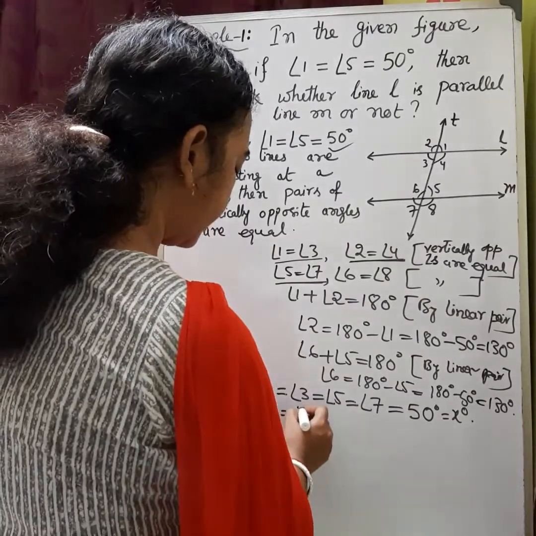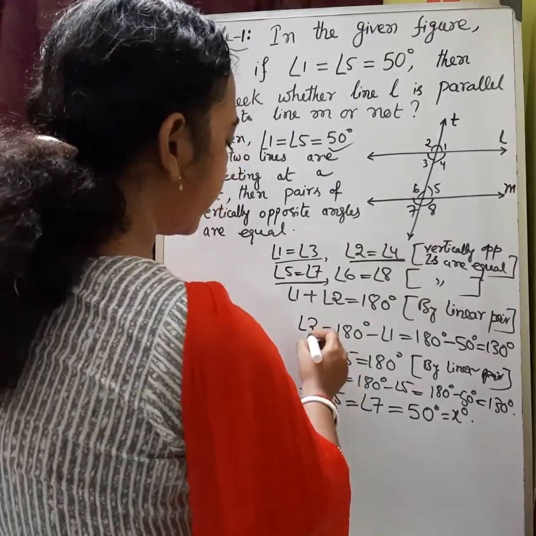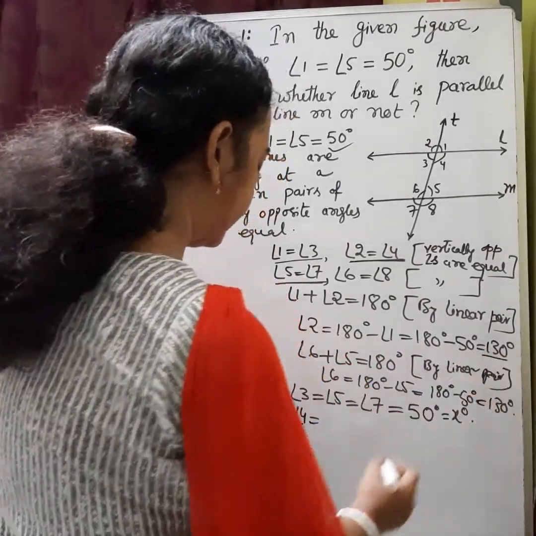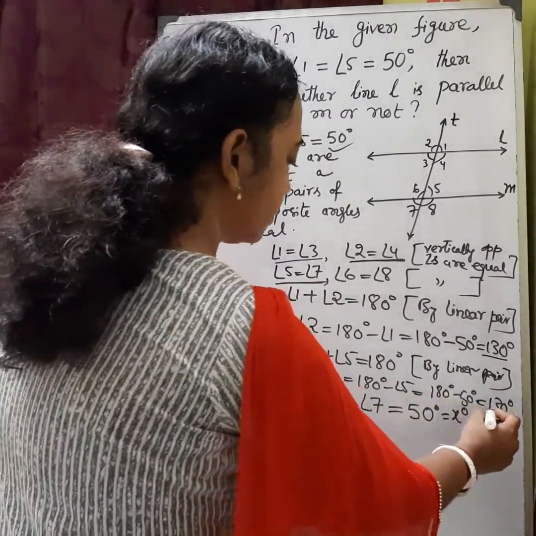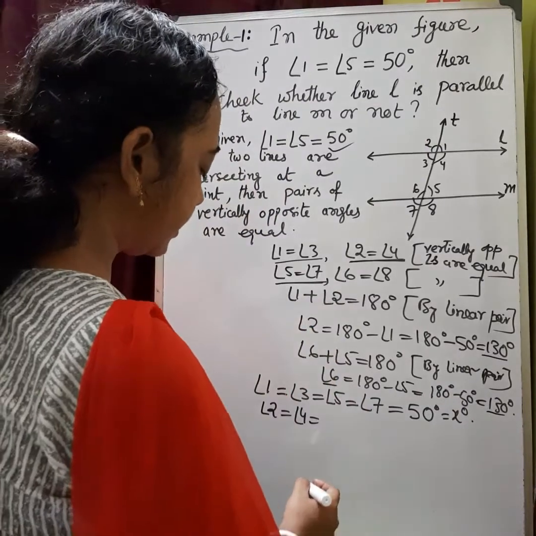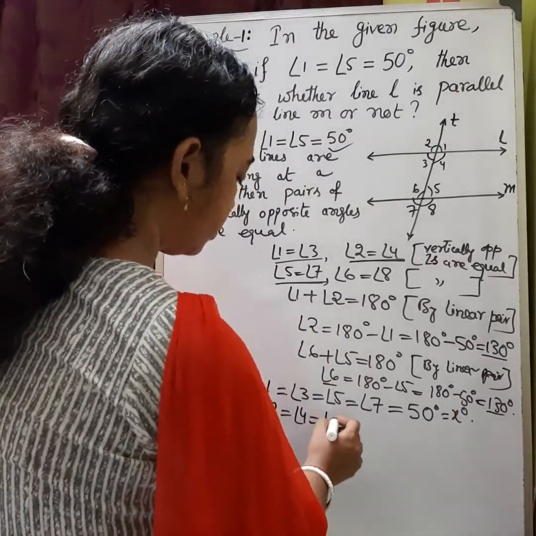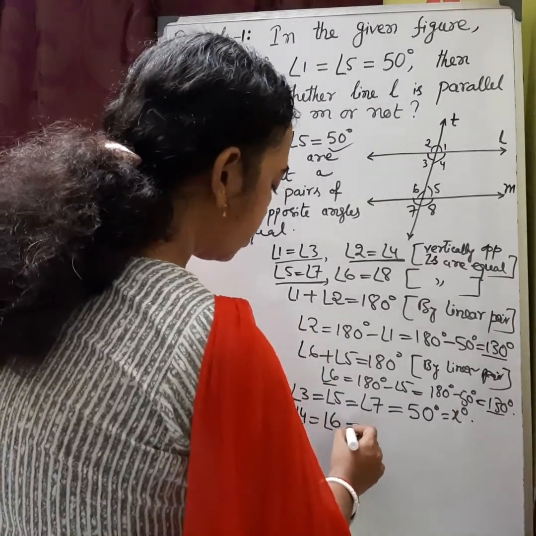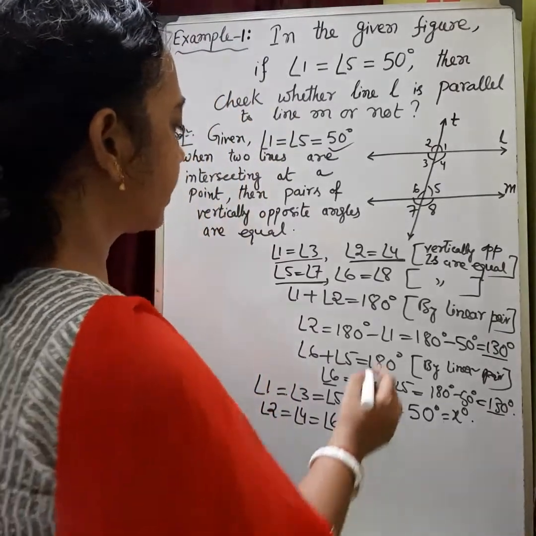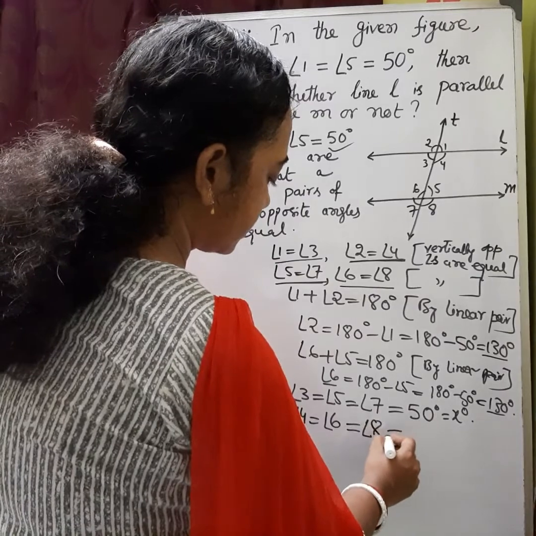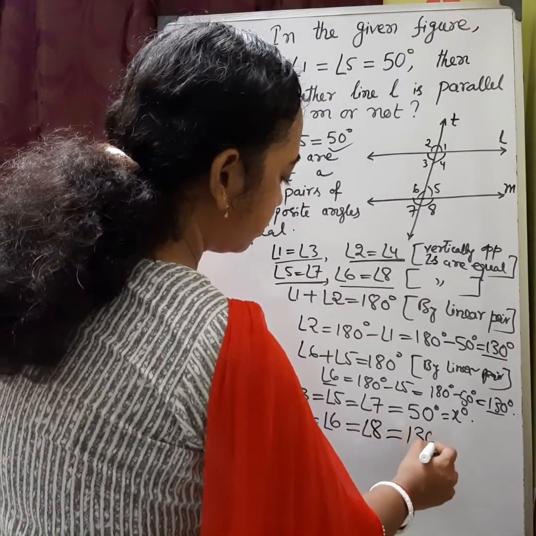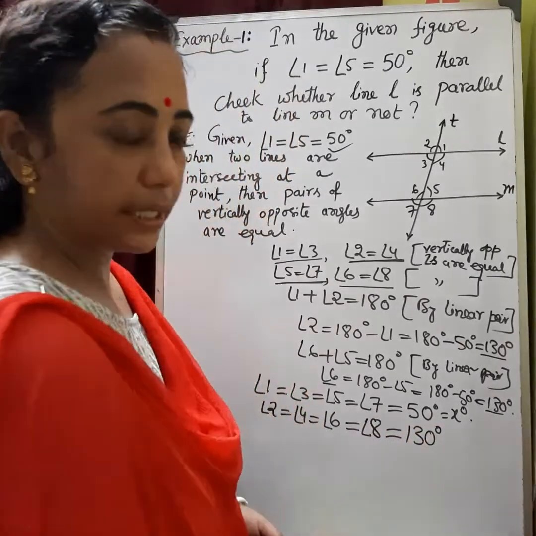So we write here angle 4, and already we get the value of angle 2 as 130 degree. So another angle we get 130 degree, that is angle 6. We get the value of angle 6 as 130 degree. So here we can write angle 4 is equal to angle 6, now also angle 6 is equal to angle 8. So we can write angle 8 is equal to, their measures are equal, so that will be equal to 130 degree.